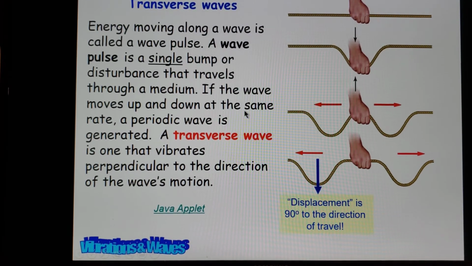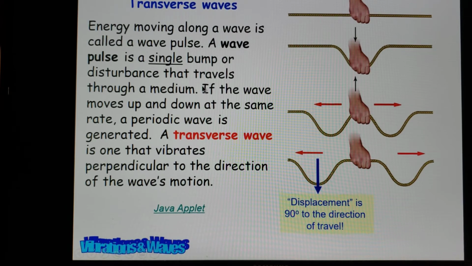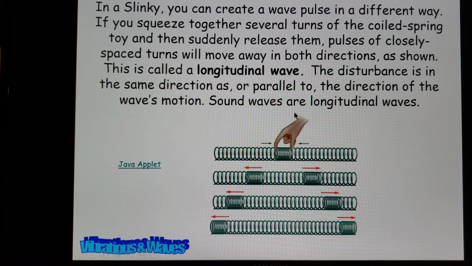So we can do a pulse, which would be a single bump, or we can do back and forth pulses. And again, you played with that little string thing last week in the lab, and you were able to make some waves. A longitudinal wave: if we have a big slinky in the classroom, if we ever get back, we can play with it, but if we pinch part of the slinky, then that pinch will spread out in two different directions from where you are, traveling in the direction of the wave.